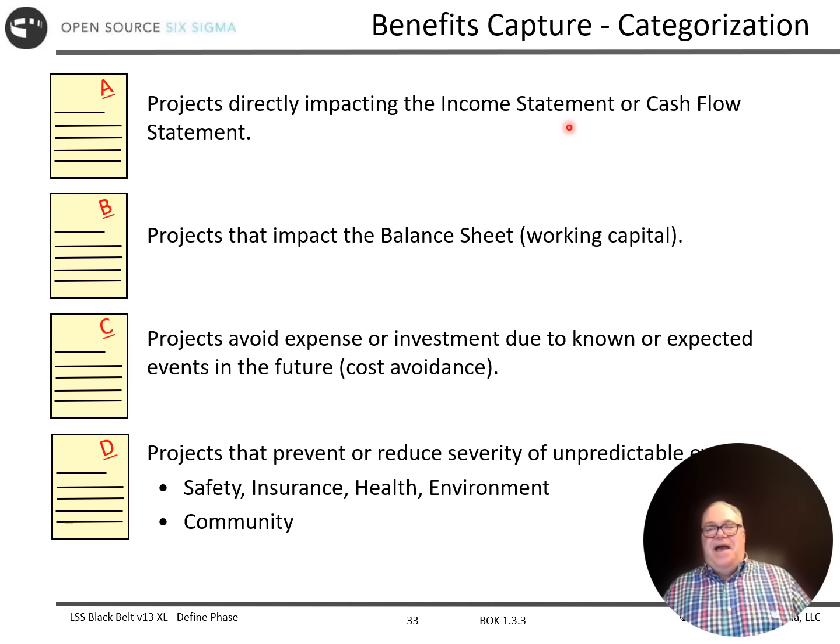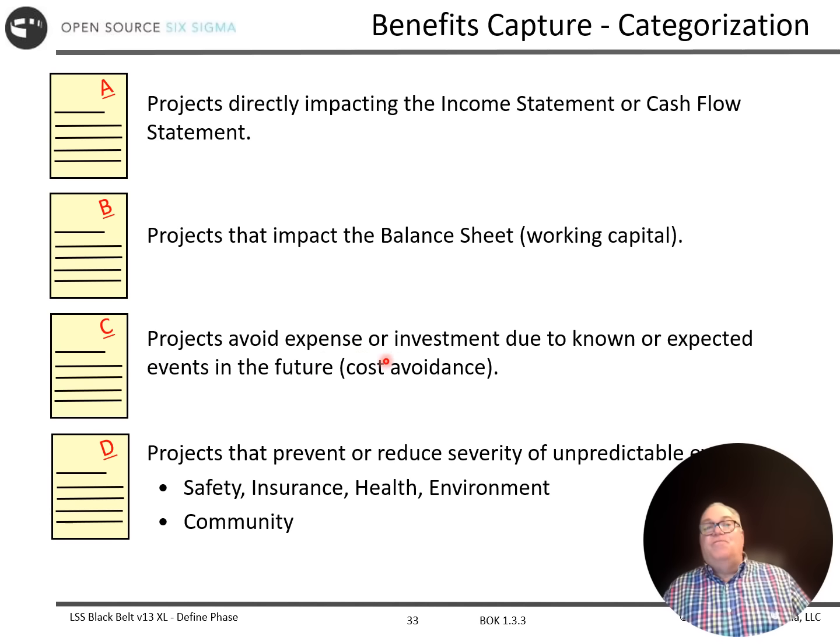Or getting my money faster or paying it out slower. Those we give a gold star, an A. Those that impact working capital, where I don't have to expend capital, might be the next most desirable.